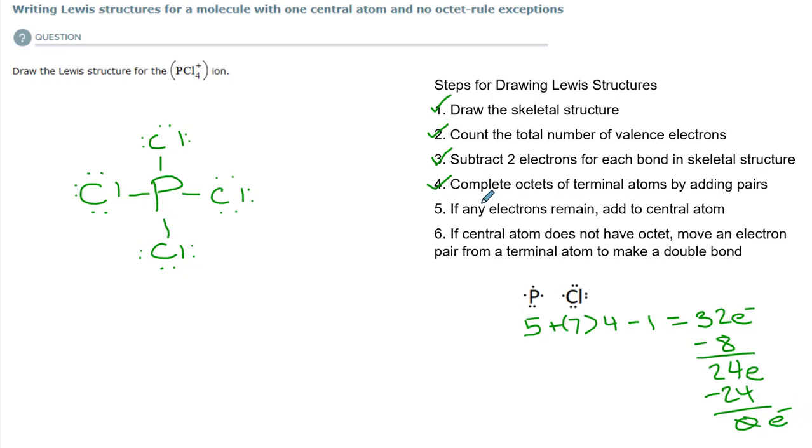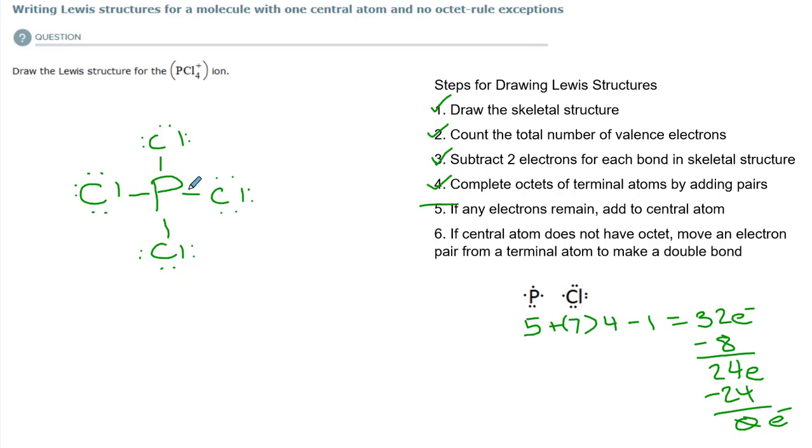Step 5, if any electrons remain, add them to the central atom. We're going to skip that because we don't have any electrons left. Step 6 says if the central atom does not have an octet, we're going to move an electron pair from a terminal atom to make a double bond. So let's see if our central atom has an octet. This is phosphorus. It has access to 2 electrons in every bond.